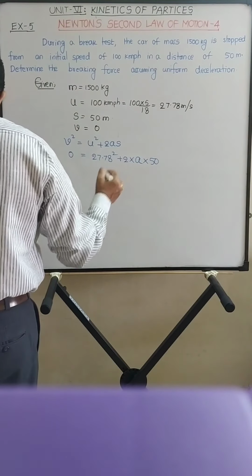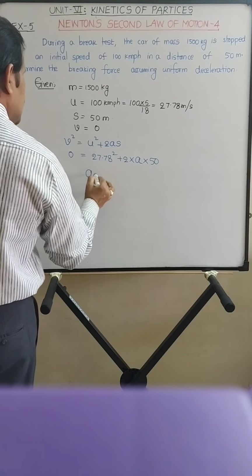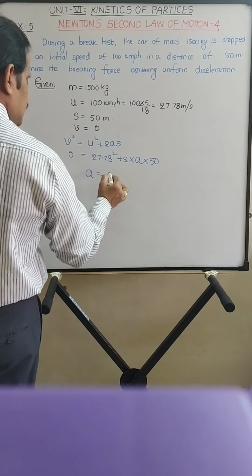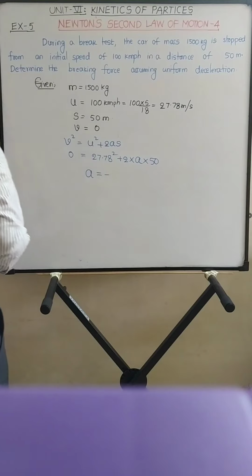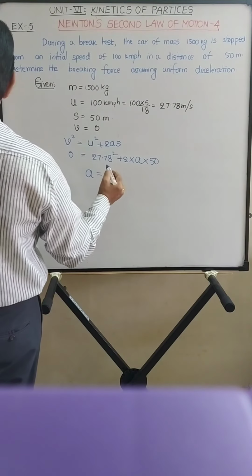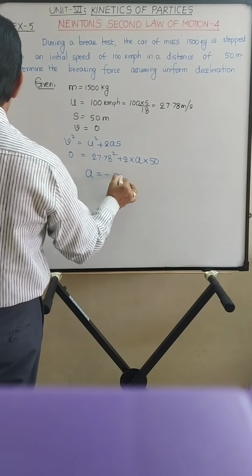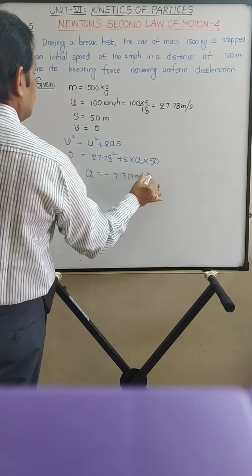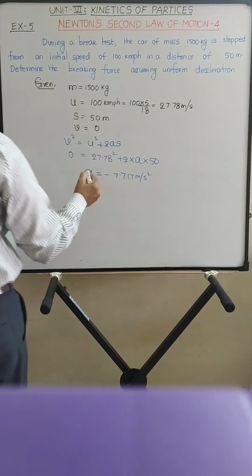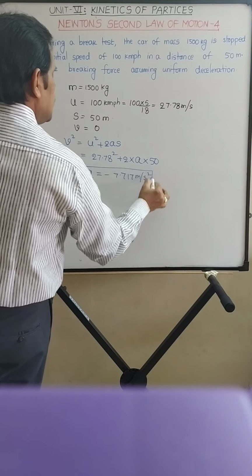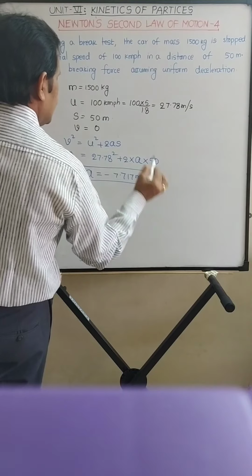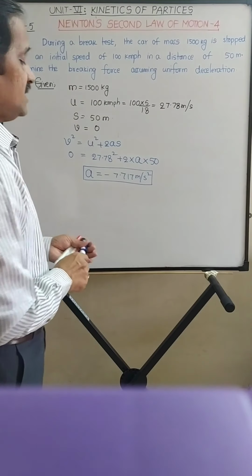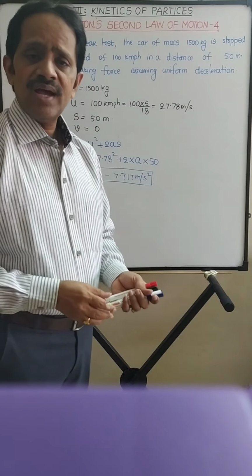So you can solve this equation to find that the acceleration is minus 7.717 meters per second square. The minus indicates that it is having deceleration or negative acceleration.